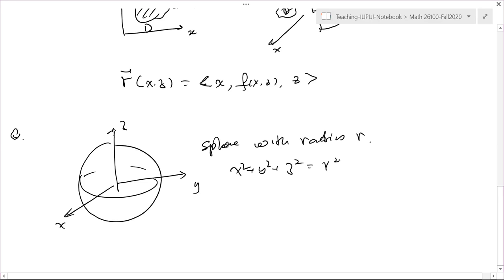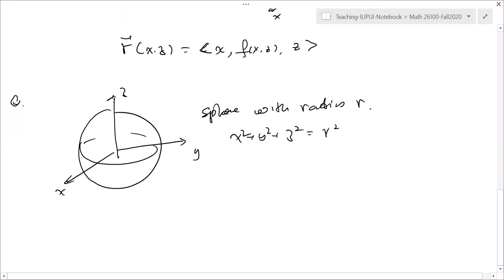The sphere is not a graph of a function, but it consists of two graphs of functions. Okay, you can view it as the graph of two functions. So the sphere actually consists of two graphs.